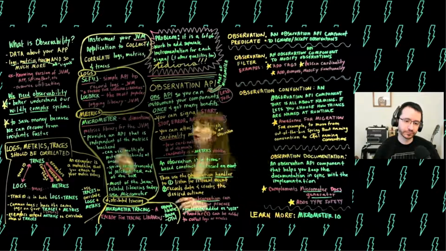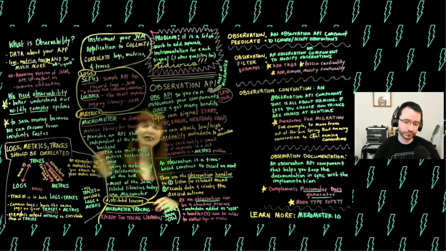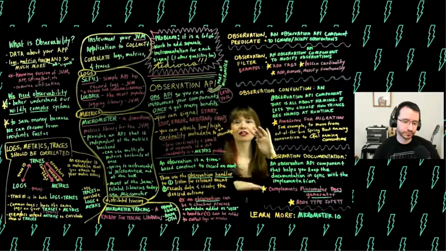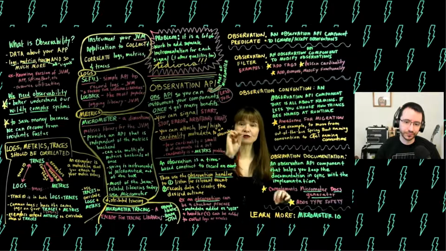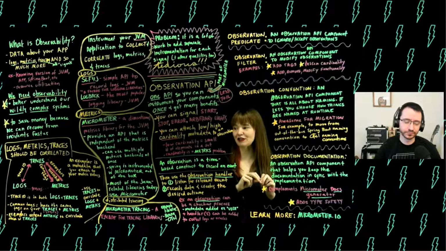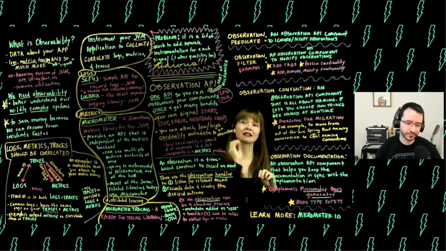So we have traces, logs, and metrics. Traces and logs can be jumped to one another using a trace ID. Then we talked about traces and metrics. You can jump from traces to metrics using common tags, so you have the same tags on both your spans and your metrics. Jumping from metrics to traces is hard, because one number in a metric may represent, you said, like 1 million data points.